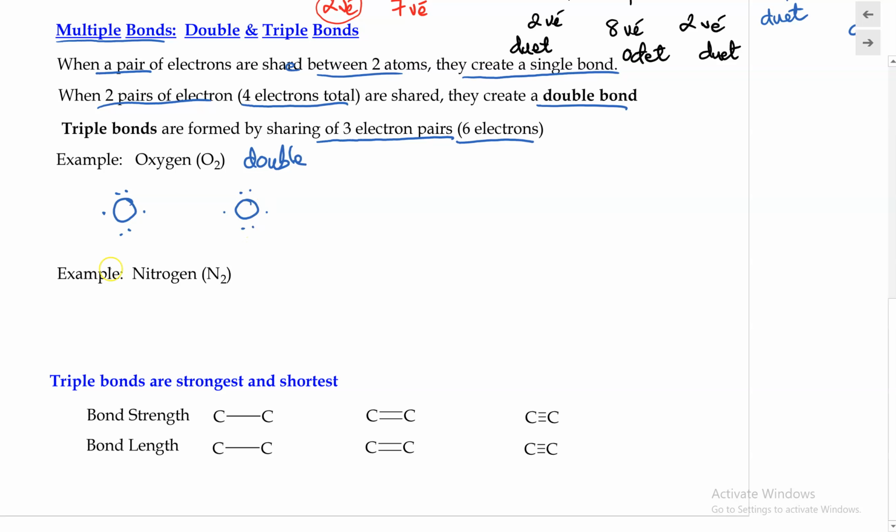We can see each oxygen has 6 valence electrons individually, so they're not happy. Therefore, they will take electrons and share them together. They'll share the first pair of electrons and now produce the following.